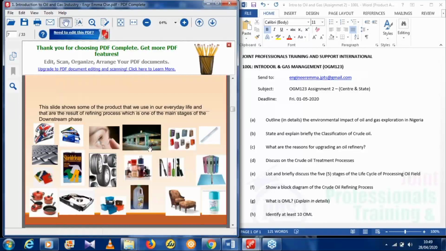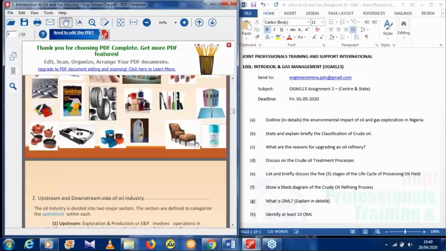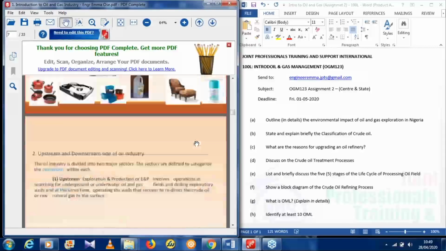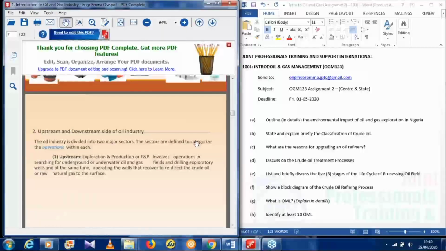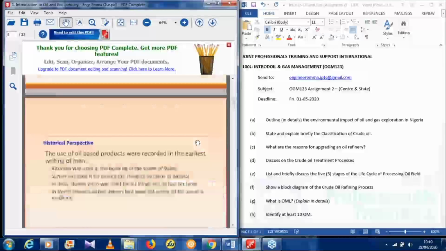Apart from the ones that we listed, there are other products like your ATM card, your tires, some plastics, some utensils. Then in our filling station, which is the downstream, you have dispensing. So these are the end products of the use of our crude oil. A lot comes out of there.